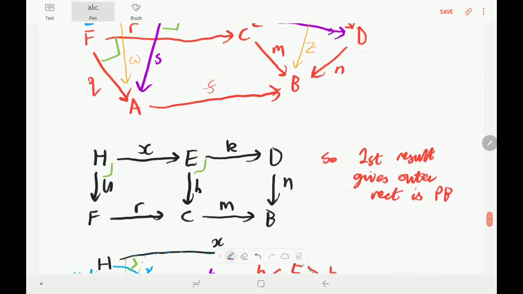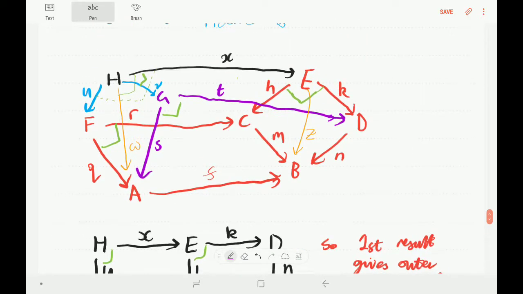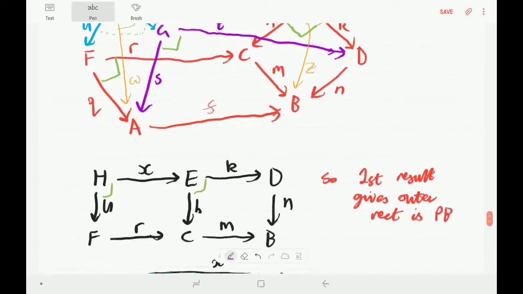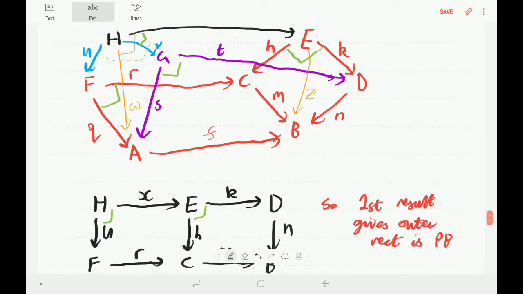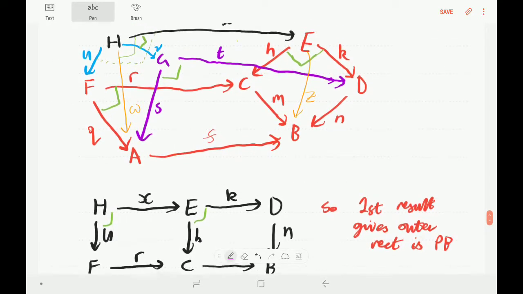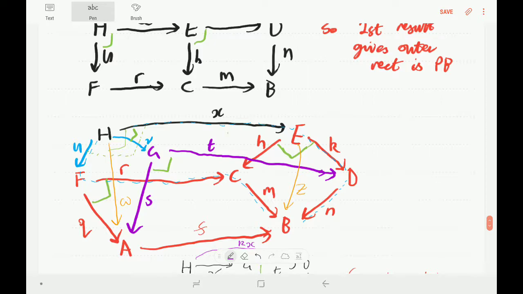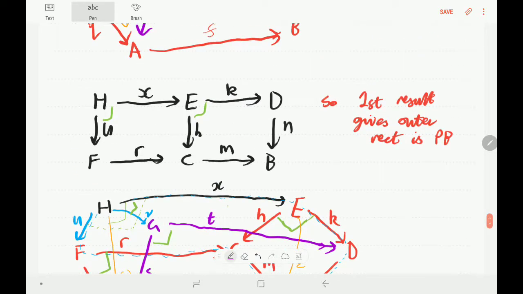So what we do now is consider this part of the cube which I've drawn with these dotted lines. We know that this is a pullback, and we know that this is a pullback, so that implies that the outer rectangle drawn here is a pullback from our first result.